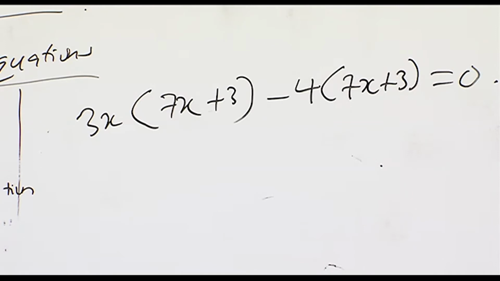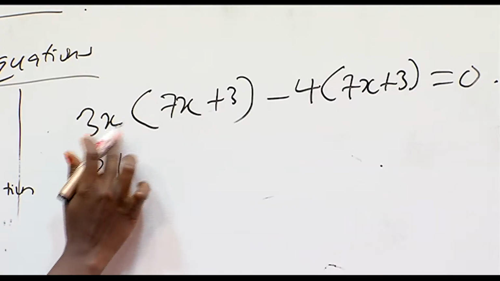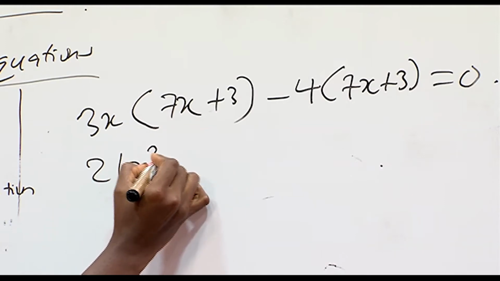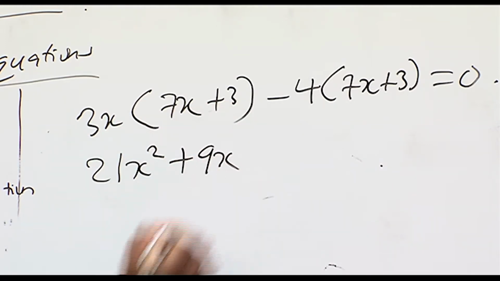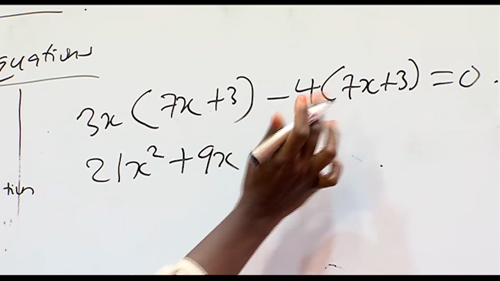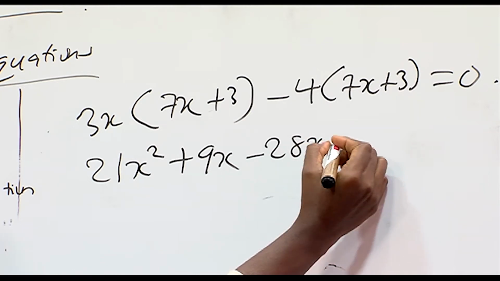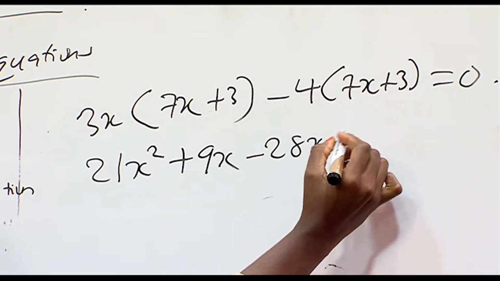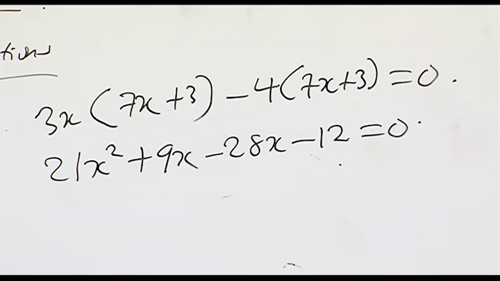Opening up the bracket: 3 times 7 is 21, x times x is x squared, 3 times 3x is 9x, minus 4 times 7x is minus 28x, minus 4 times 3 is minus 12, equals 0.